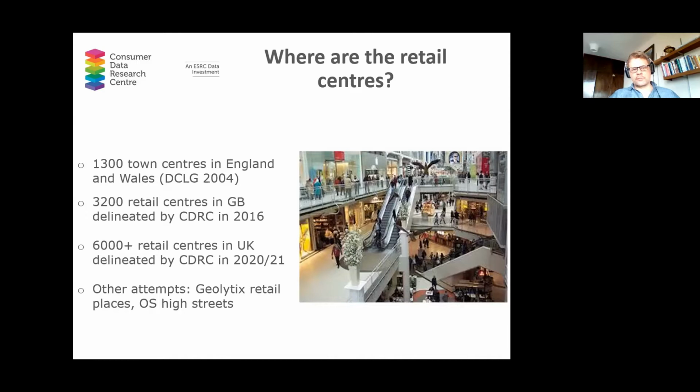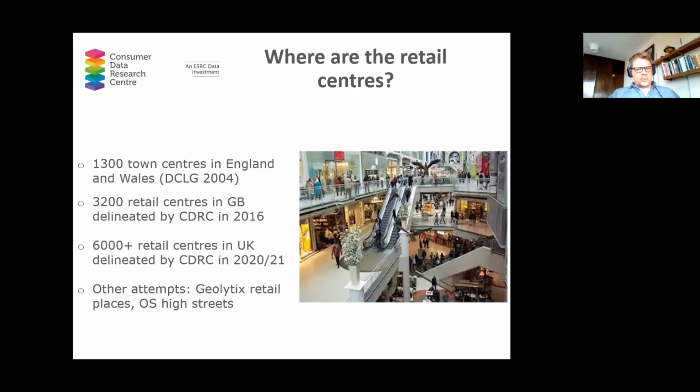So there were a number of different attempts. The early one started in the early 2000s at UCL, CASA. They delineated about 1,300 town centres in England and Wales, which were subsequently adopted by DCLG, then the Department of Communities and Local Government, in 2004.